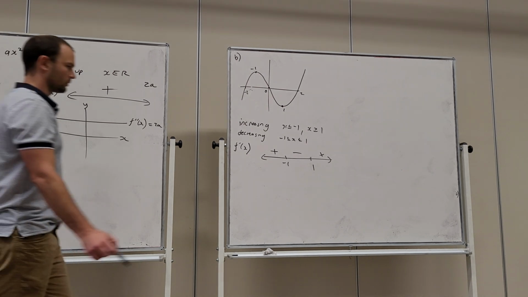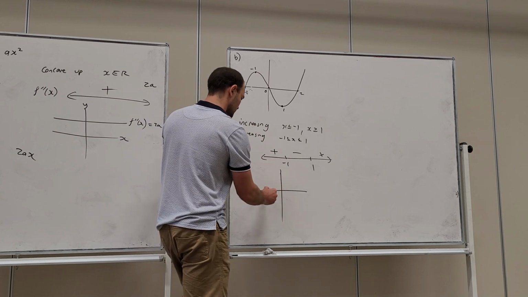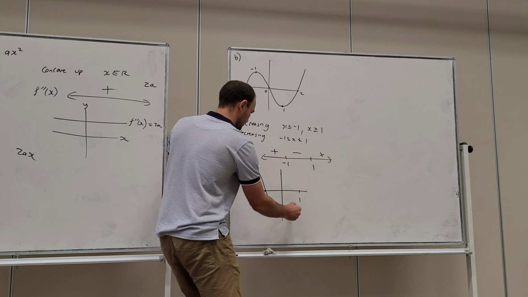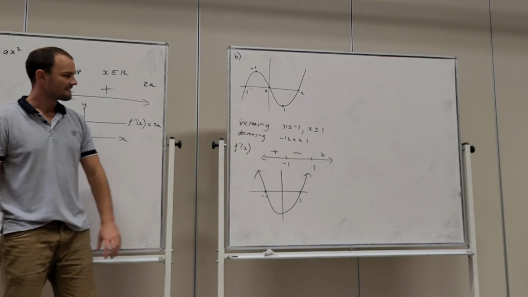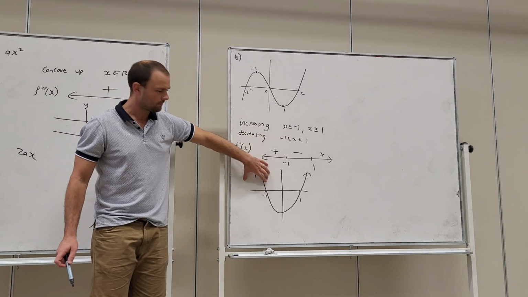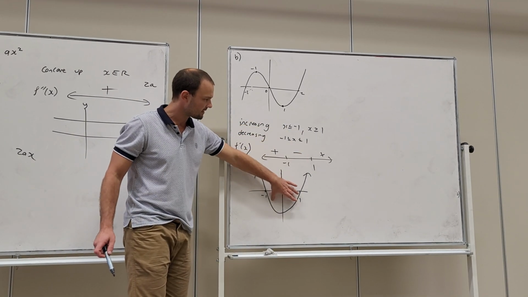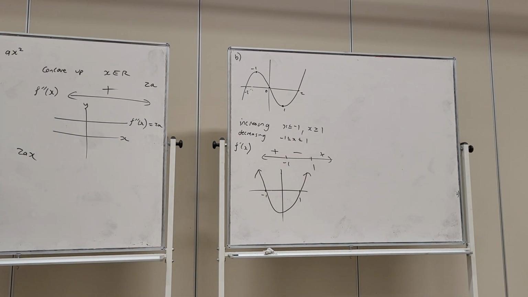And so now we draw a graph of the first derivative. It's above the x-axis before -1. Between -1 and 1 it is below the x-axis, and after +1 it is above the x-axis.